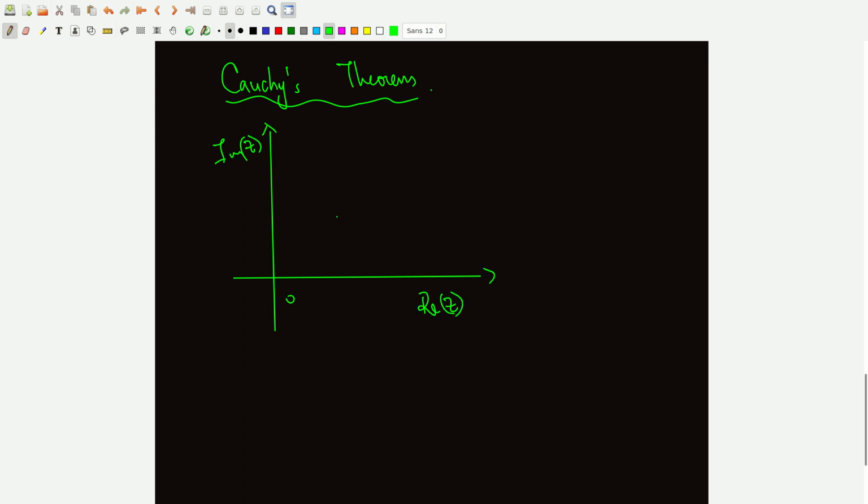Let us assume that now we have a closed path. I want this to be smooth. I will let you know in a moment why I did that. In that direction, it is counterclockwise.